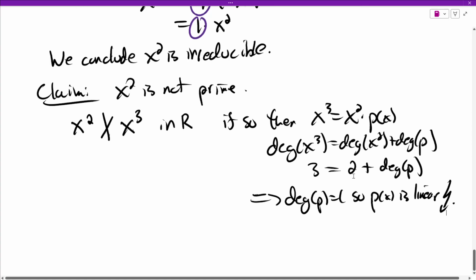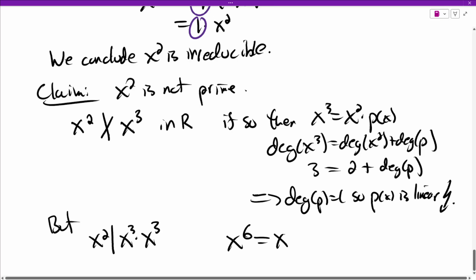And yet, x squared does divide x cubed times x cubed. And the reason why it divides x cubed times x cubed is that x cubed times x cubed is x to the 6, and x to the 6 is x squared times x to the 4th. And both of these polynomials are in R. So x squared and x to the 4th are in R, certainly.